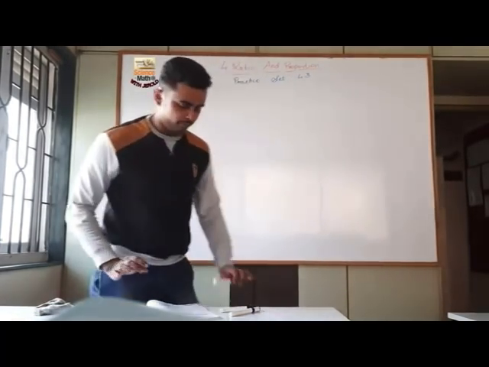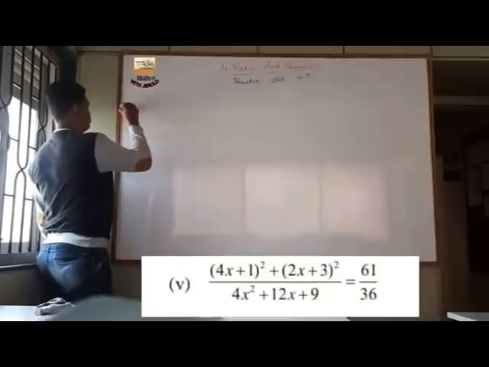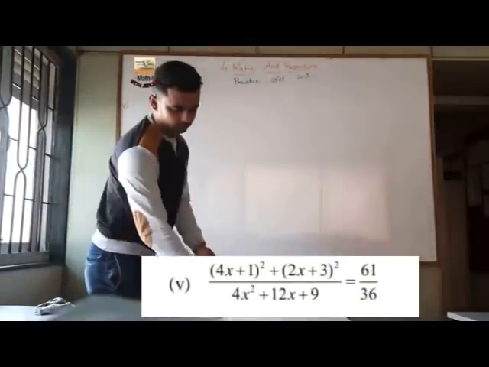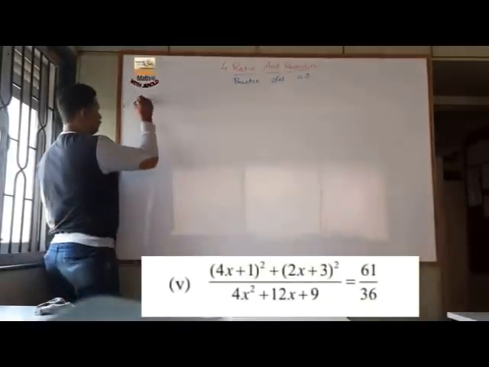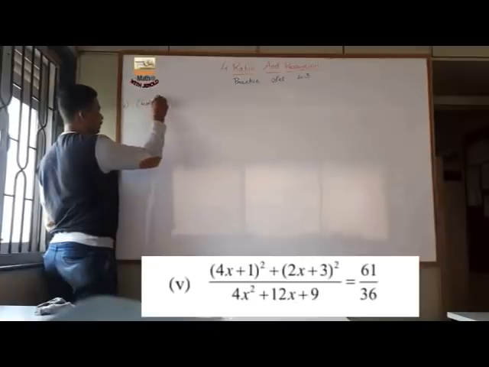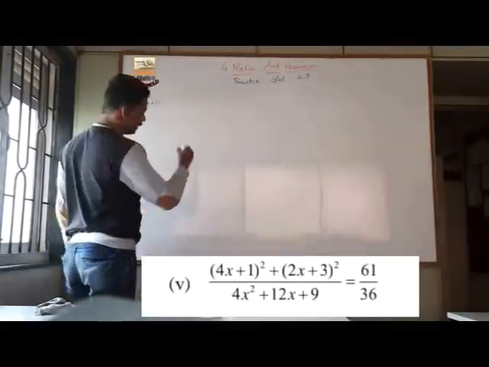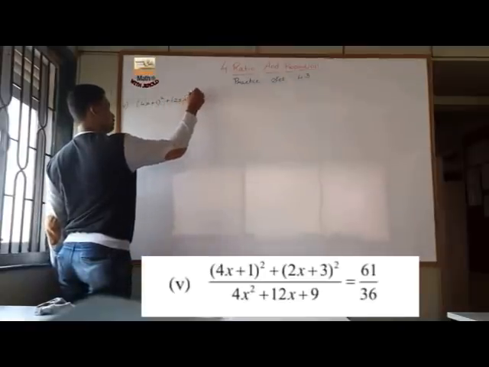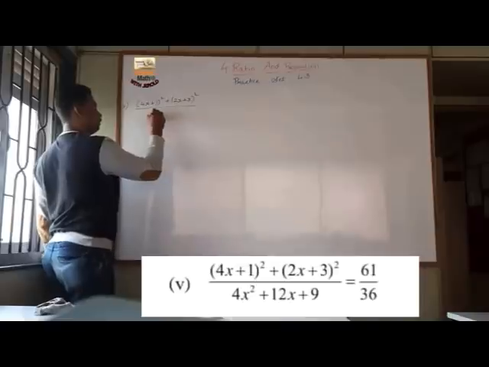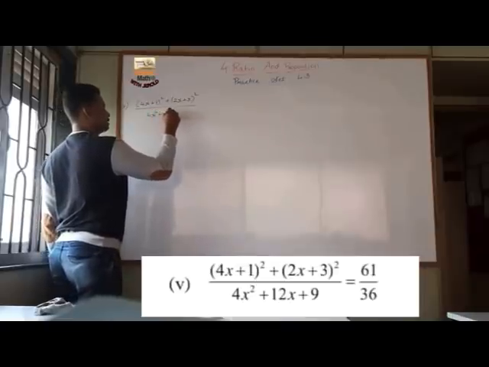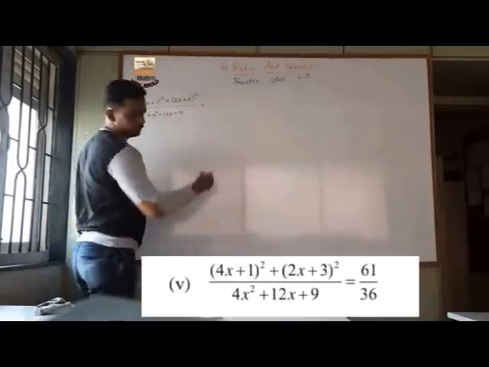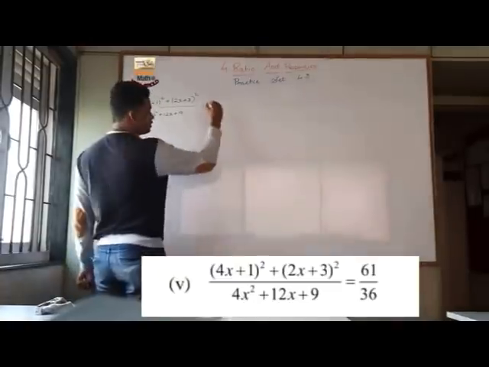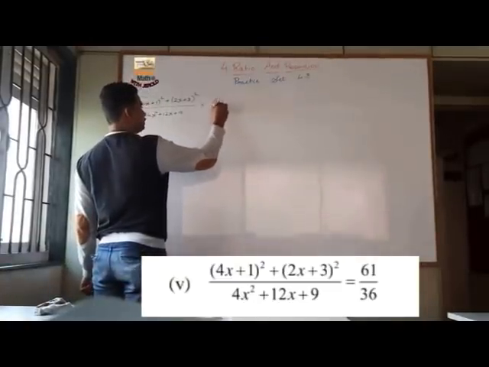Question number 5. (4x plus 1) squared plus (2x plus 3) squared, divided by 4x squared plus 12x plus 9, is equal to 61 upon 36.